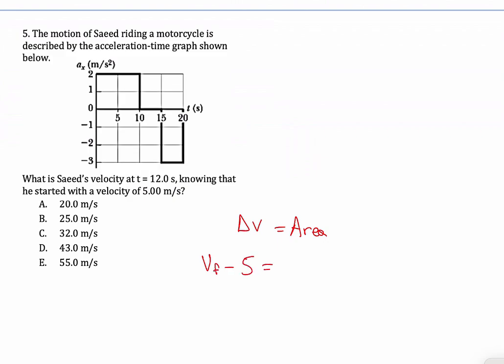And we need to find the area until the 12 seconds. So for the first 10 seconds we have the area 1, and later we have the area 0. So the first area is length times width, 10 times 2, so 20. And this means that the v final will be 20 plus 5, 25 meters per second.